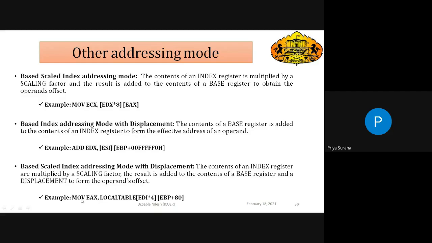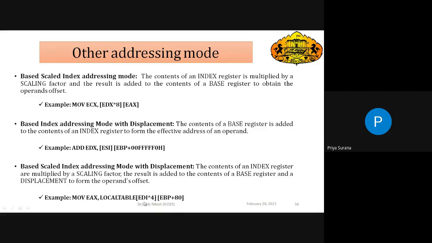So, MOV EAX, variable [EDI*4 + EBP + 80]. The name itself is base scale index addressing mode with displacement. The source operand calculation will be done depending on all these factors placed after the comma.